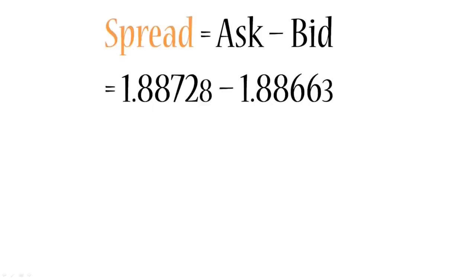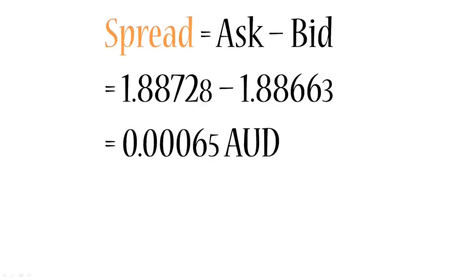So once again, let's calculate the spread. So the difference of the ask and bid price in this case is 0.00065 units of the quoted currency, which is Australian dollar, and that equals to 65 points. So let's remember that even in the 5-digit quotation system, a point is the minimum change that the currency pair can experience.